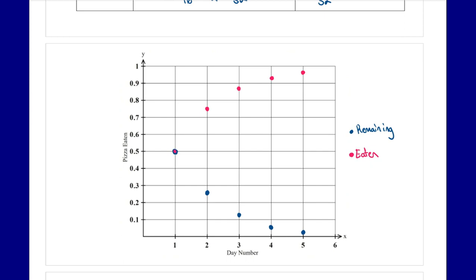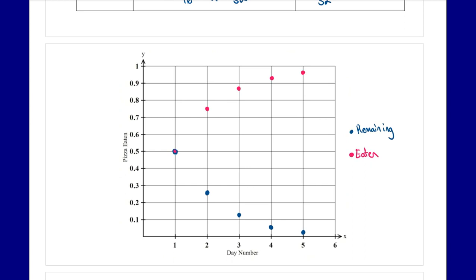It's going to be a very small piece, but he's never going to get to the very end. Same with the pizza eaten. He's going to get closer and closer to eating the whole thing. However, because there's always going to be some remaining, he's never going to eat the whole thing.